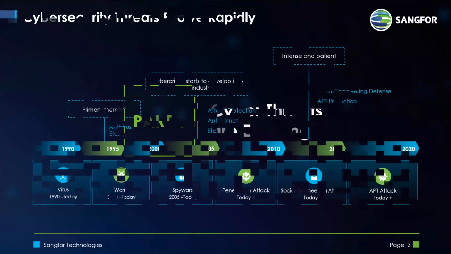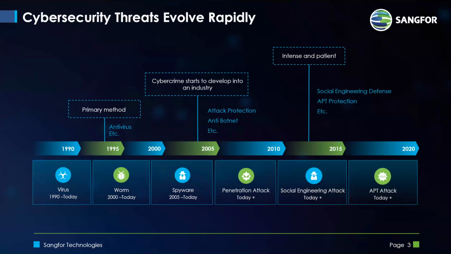So the first thing is let's look back at the background of the security landscape. In the last 30 years, you can see the different payloads from the attacker's perspective. They used to generate a lot of viruses, worms, and spyware. But now they are doing APT and social engineering attacks.